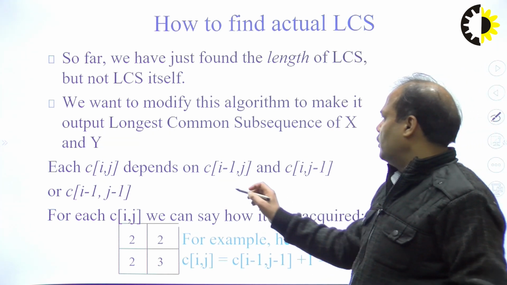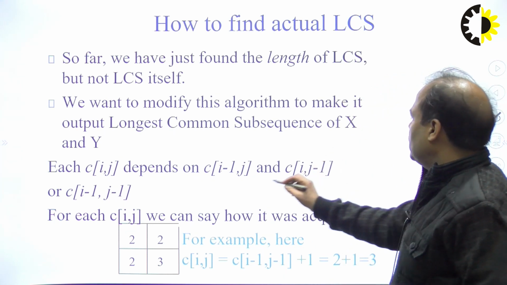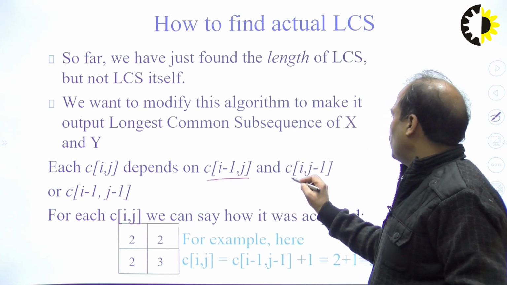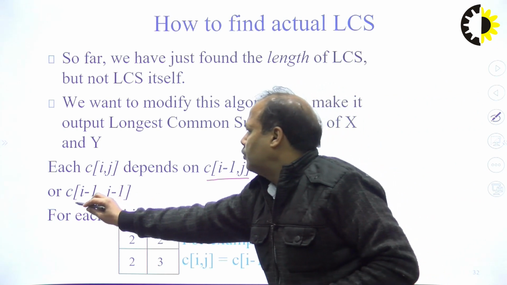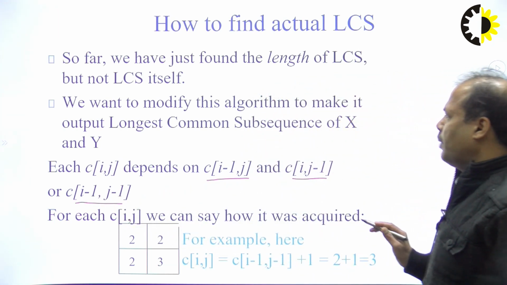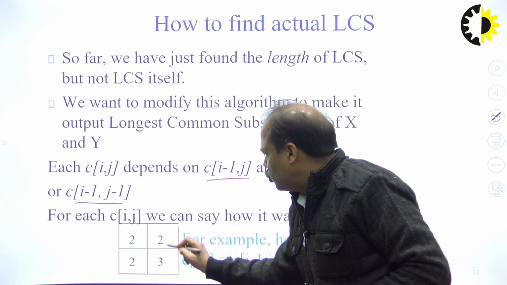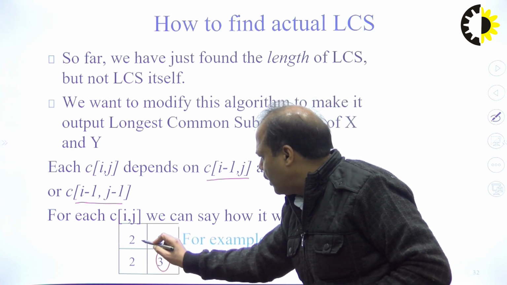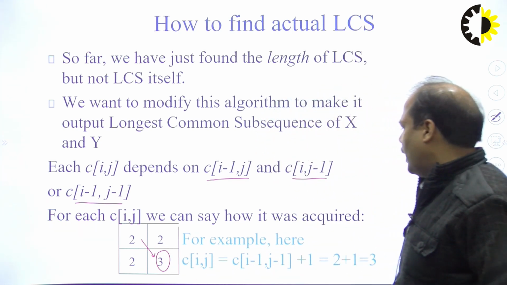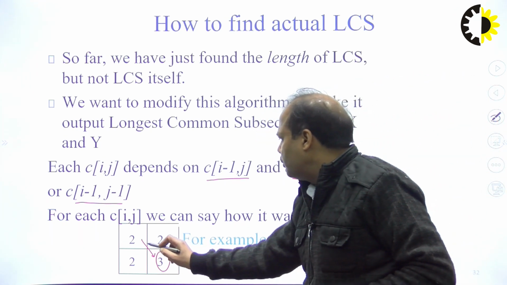If you look at here, Cij is depending on either this or this or this. Cij depends on 3 values, right? Suppose we have this situation and this is going to be computed from here, that means Cij was computed from here.